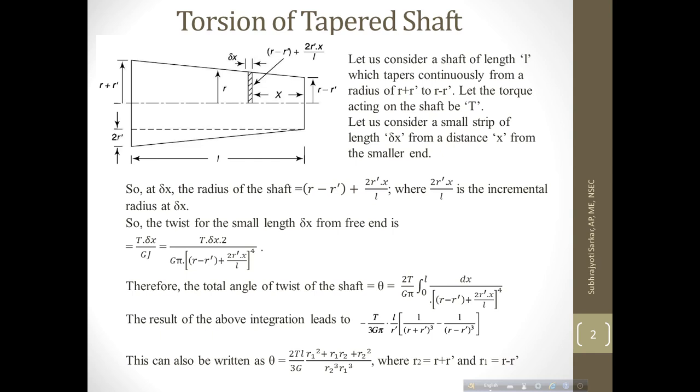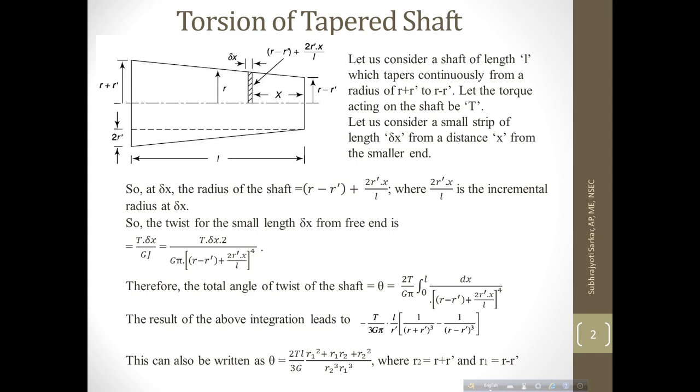Therefore at del x, what will the radius of the shaft be? The radius will be nothing but the smaller radius, that is r minus r dash, plus the incremental radius up to del x. So what is the incremental radius?